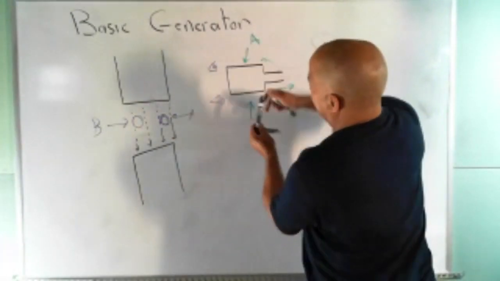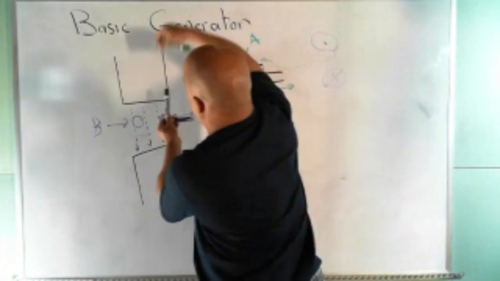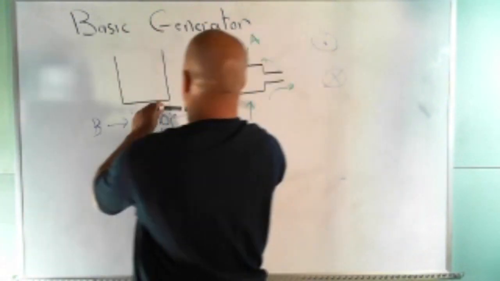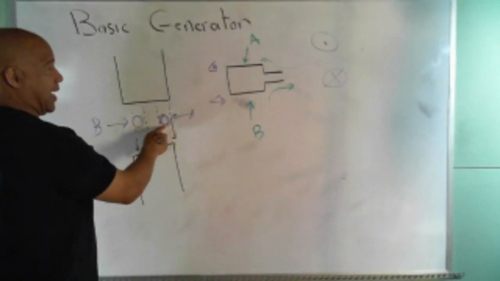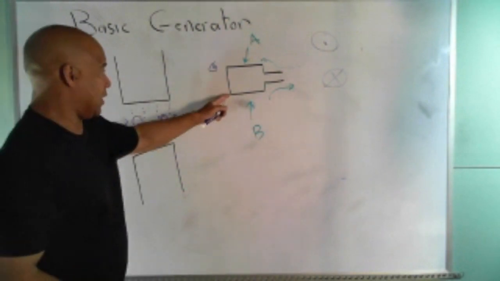So I took this, I put over here conductor A, I moved it like that, and I spun it this way, and I put it in the field like that. And so now you're looking at this part of conductor A and this part of conductor B.